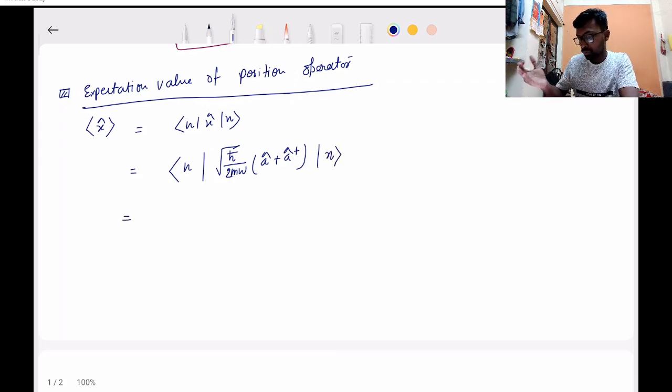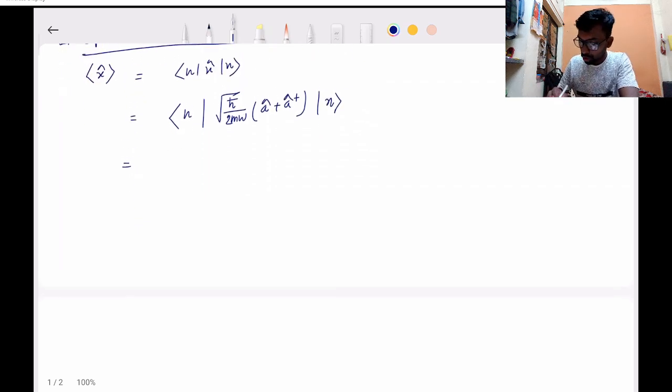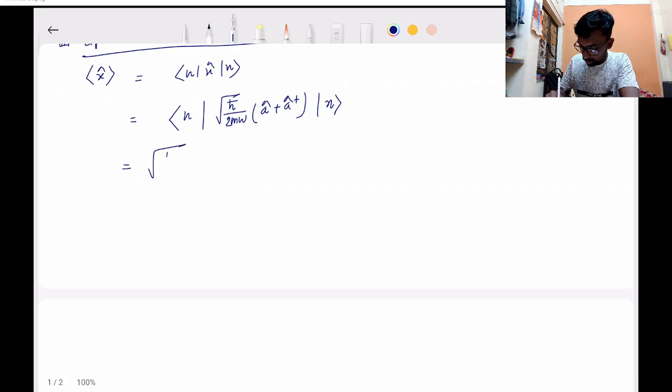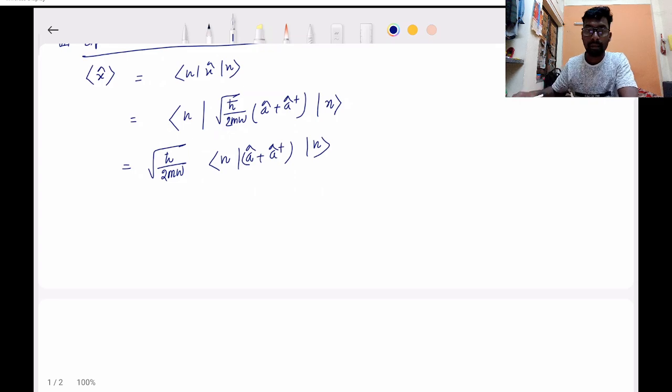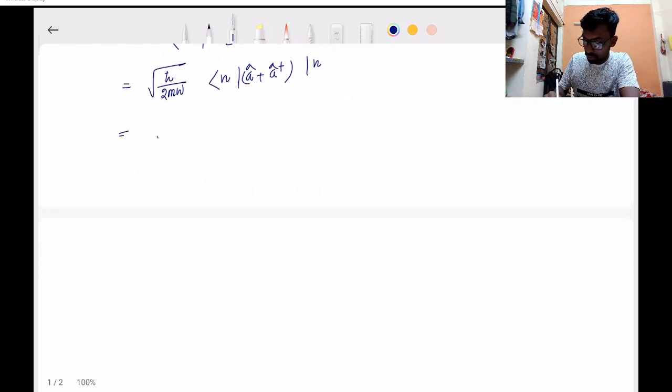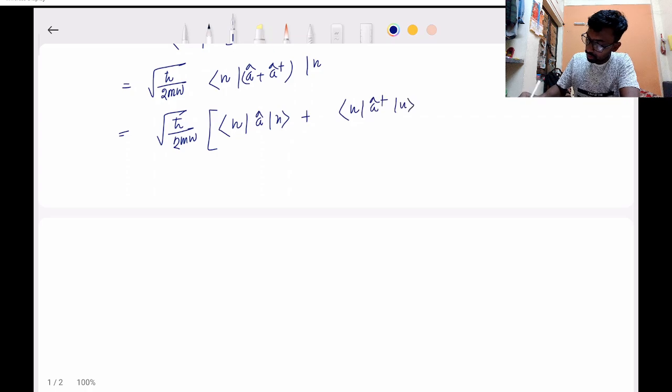We just pull out the constant term. So this equals √(ħ/2mω) [⟨n|a|n⟩ + ⟨n|a†|n⟩].